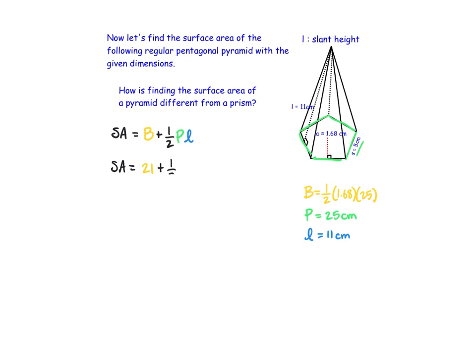Well, 25 times 11 ends up being 275, I believe. Yep. So perimeter times slant height gives me this 275. I divide it by 2, and I add it to 21. Looks like the surface area of this pyramid comes out to be 158.5 centimeters to the second power.